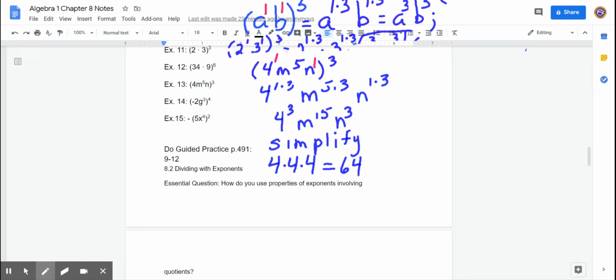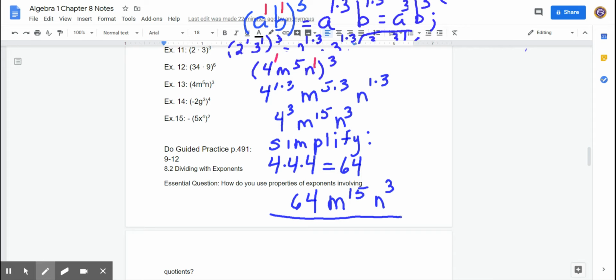So simplified, your answer is going to be 64 m to the 15th n cubed. That's your final answer. Any exponent 5 or below, most of the time I'm going to want you to simplify.